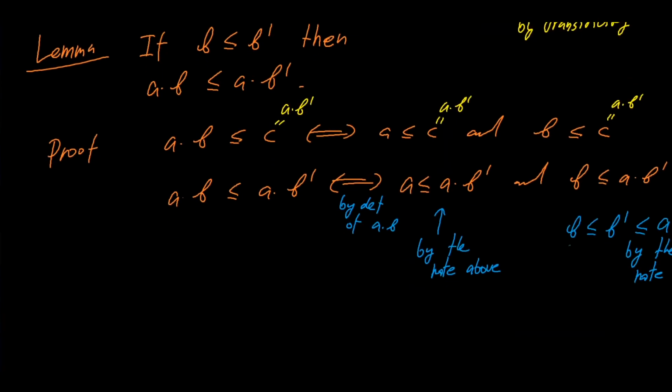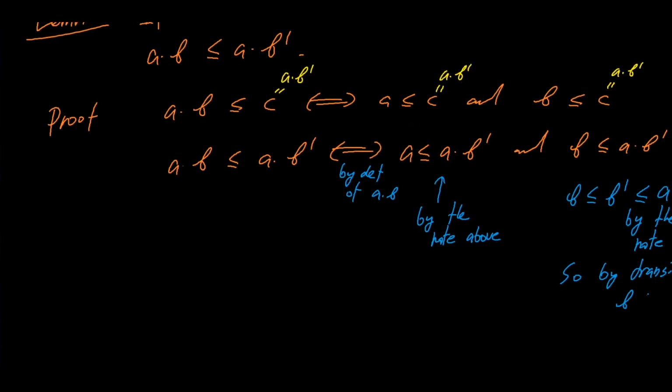You see, so B is less or equal to B prime by assumption, and B prime is less or equal to that. So by transitivity, we get that B is less or equal to A dot B prime.